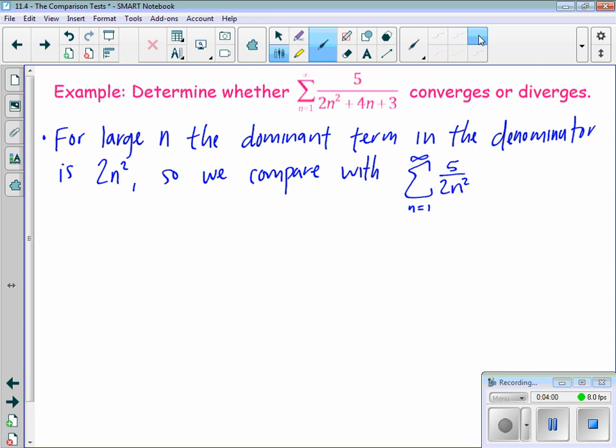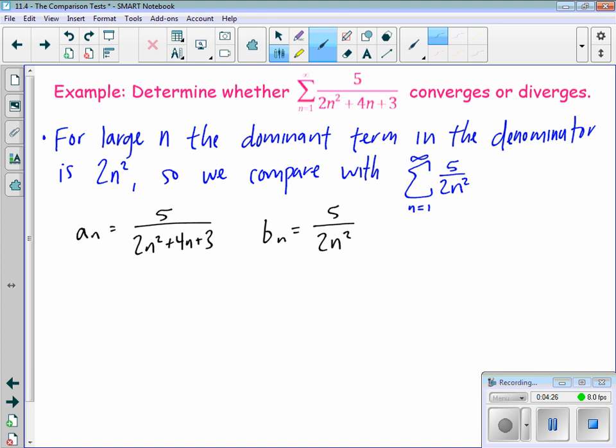So my a sub n is the thing that I started with, so let's clarify that. Let me use a darker color here. a sub n is what we started with, the 5 over 2n squared plus 4n plus 3. And the b sub n is what we assigned. So b sub n is the other one here.